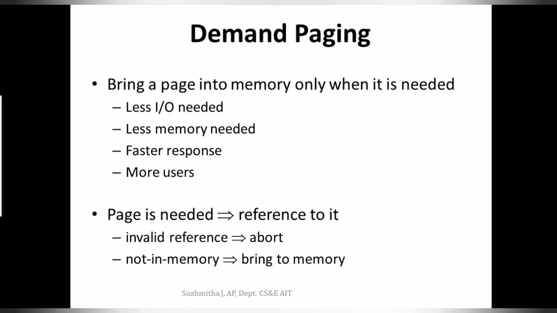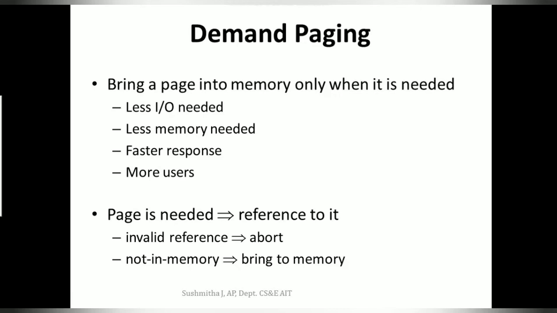Now, how is it implemented? When we started the introduction, we told there are two techniques. One is demand paging, the other one is demand segmentation. Let us address the first one, demand paging. What happens in demand paging?